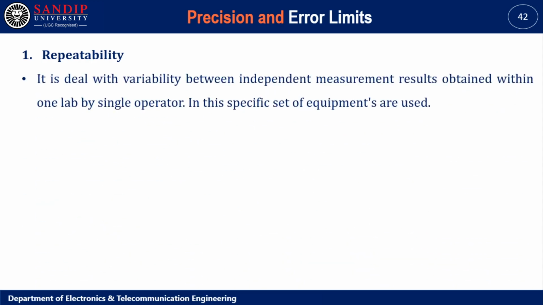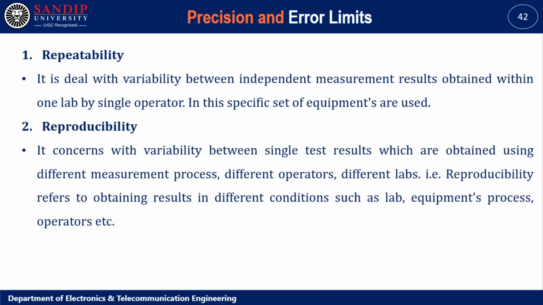Repeatability deals with variability between independent measurement results obtained within one lab by a single operator, using a specific set of equipment. Reproducibility concerns variability between single test results obtained using different measurement processes, different operators, and different labs. That is, reproducibility refers to obtaining results in different conditions such as labs, equipment, processes, operators, etc.